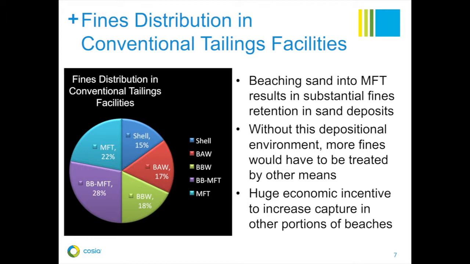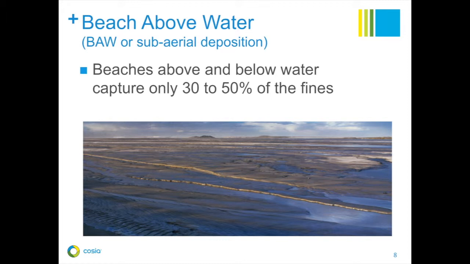Therefore, we have a huge economic incentive to increase the capture in the upper portions of the beach. So beach above water, or as we call it, BAW, or subaerial deposition. The beaches above and below water capture only about 30 to 50% of the fines in the deposits analyzed.